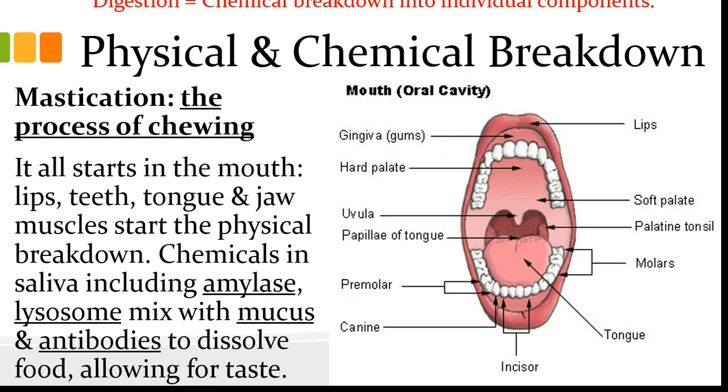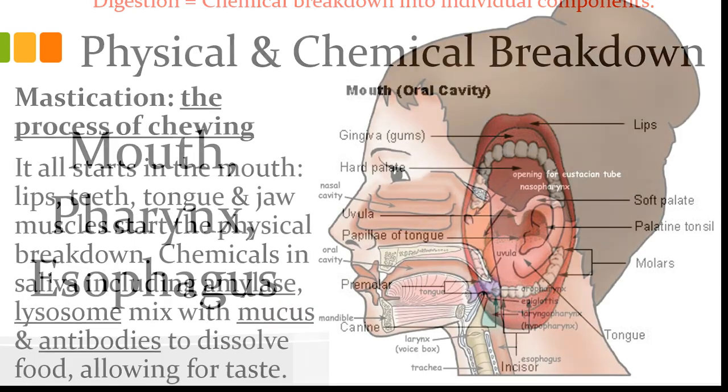So we have those antibodies right there to take care of anything that might come in through our mouth in the realm of viral things. But amylase and lysozyme are chemicals that actually break down certain things, right? Remember, lyso means to break up, to explode, so we're doing that chemically. So we're breaking down physically and chemically.